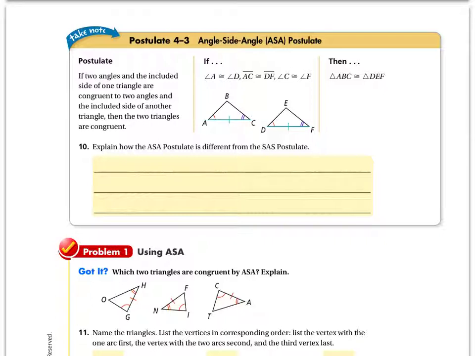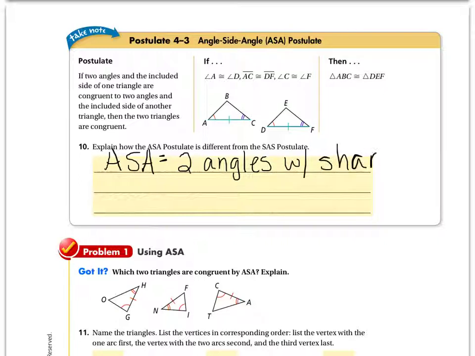Here's the difference between angle-side-angle and side-angle-side postulates. In angle-side-angle, you have two angles with a shared congruent side. So we're talking about two angles with the two angles' shared side.